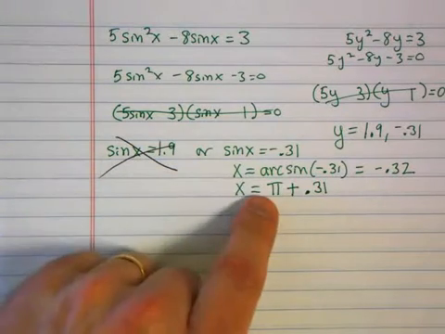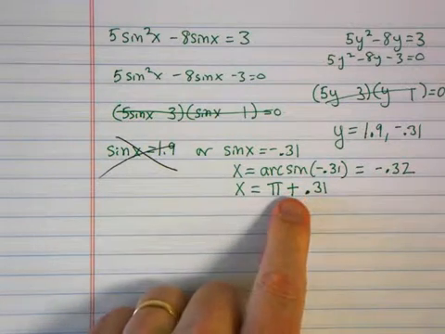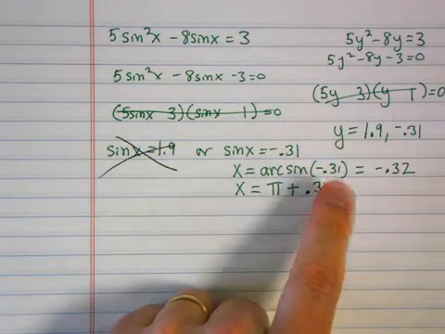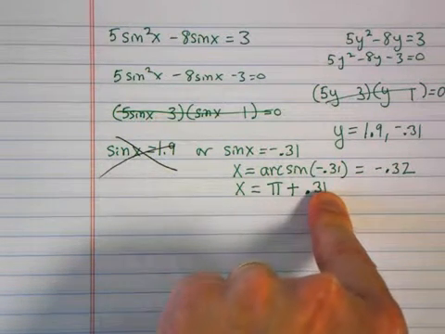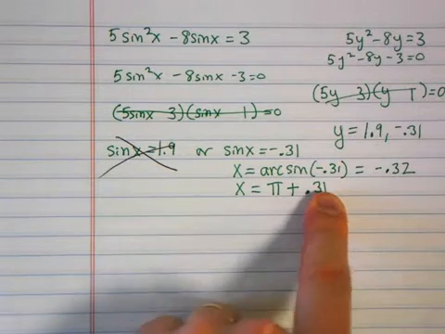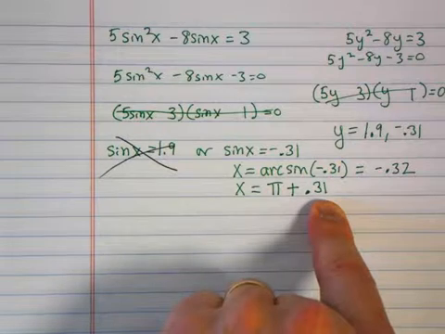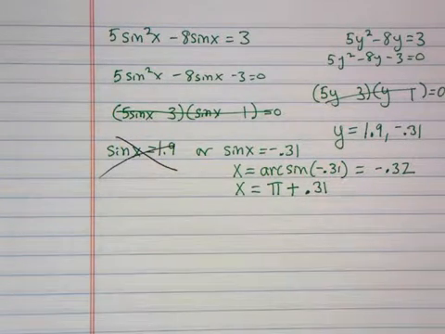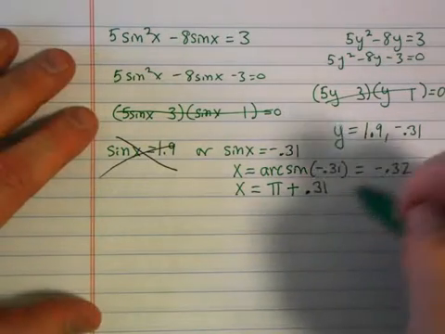Why is it positive? Because it's always pi plus the reference angle, and the reference angle is always a positive angle. So it's pi plus 0.31, which is approximately 3.45.